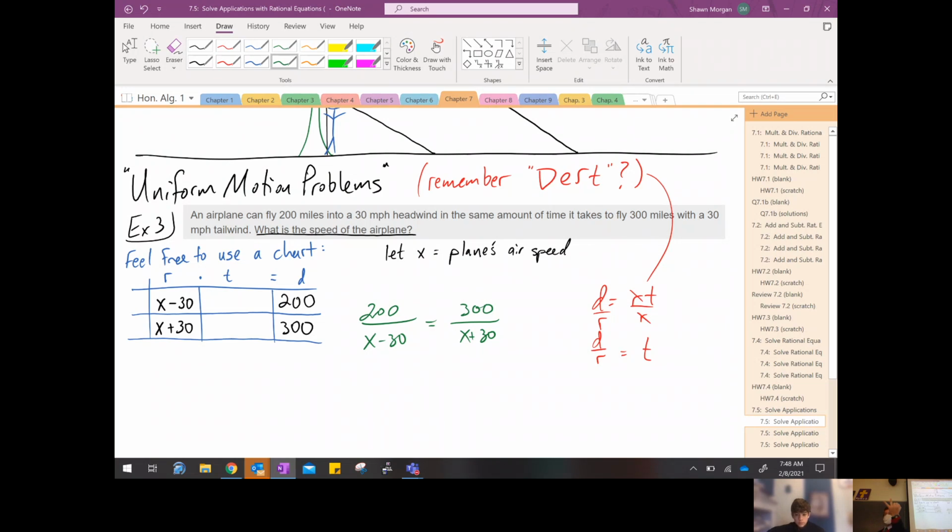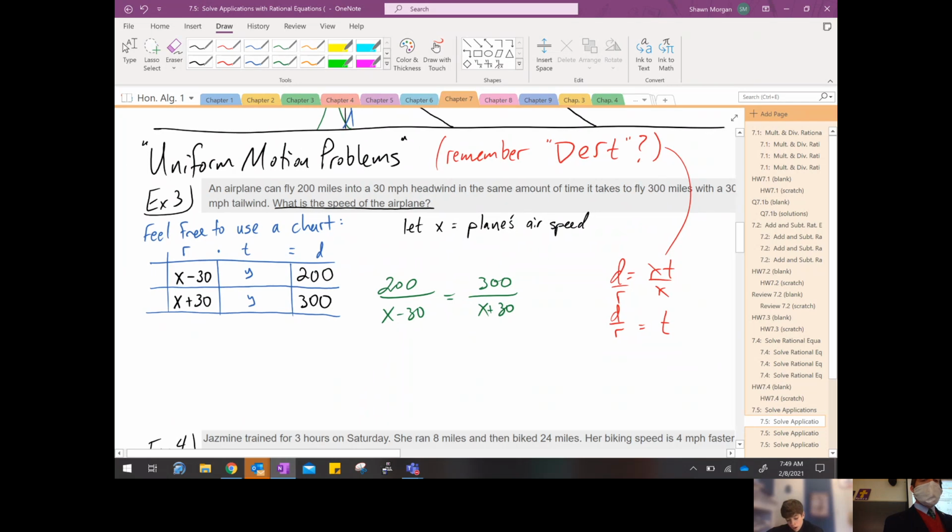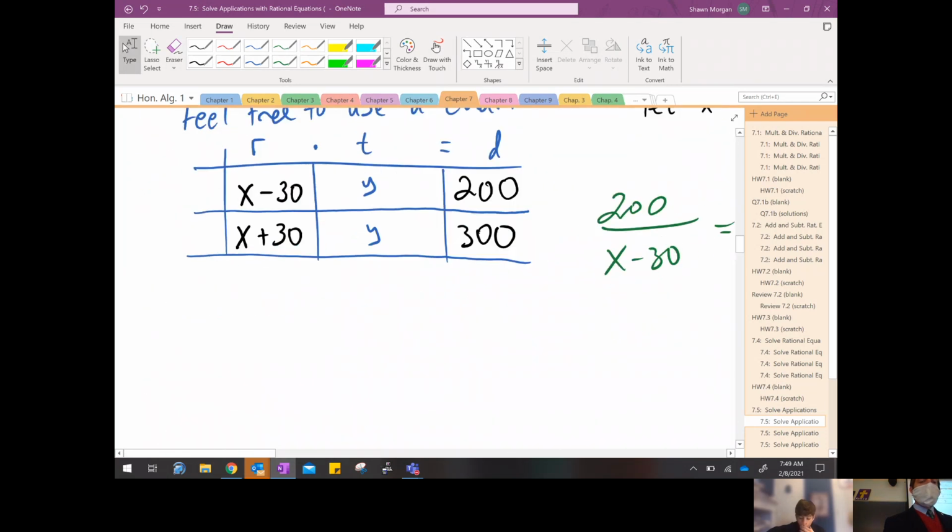Elimination, substitution, and graphing. Probably wouldn't do graphing in this case. But if we had said, let y be the time, we could have written up a system of equations. We'd say x minus 30 times y equals 200, and x plus 30 times y equals 300.